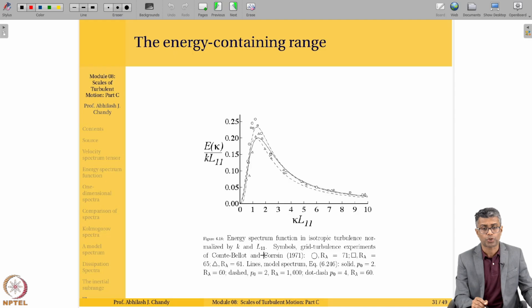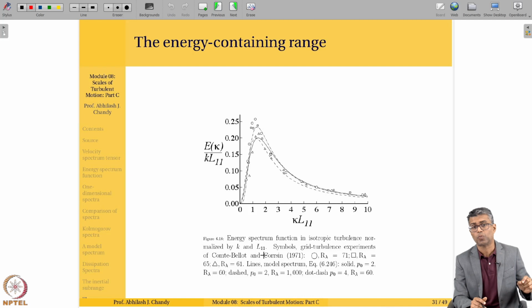Alright, so what is shown here? It is the energy spectrum function in isotropic turbulence normalized by K and L11, where L11 is the integral length scale. The symbols are grid turbulence experiments from Comte-Bellot and Corrsin from 1971. The circles are R lambda equal to 71, so not too high. Squares are R lambda equal to 65, and triangles are R lambda equal to 61.